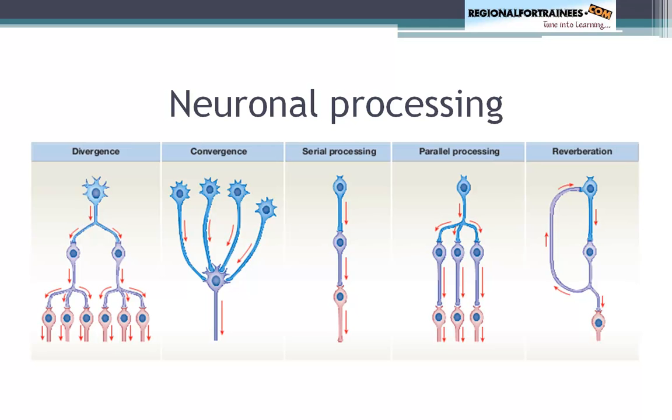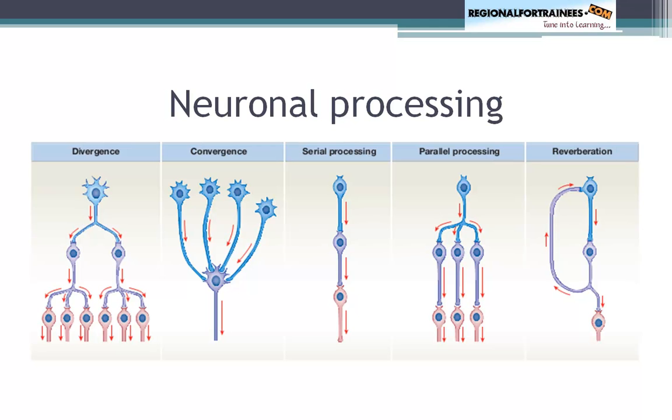Finally, what is also important to realize is that the processing unit in the brain and spinal cord makes use of different types of patterns, different types of circuits. So either you can have divergence, that is, information from one given cell can move down to different neurons, resulting in a widespread action and so on.